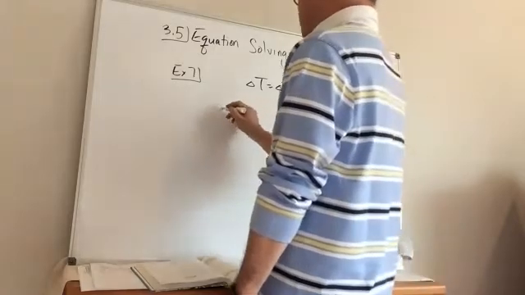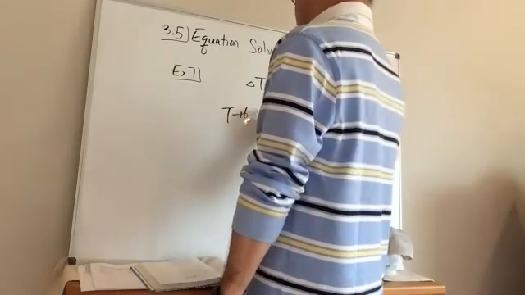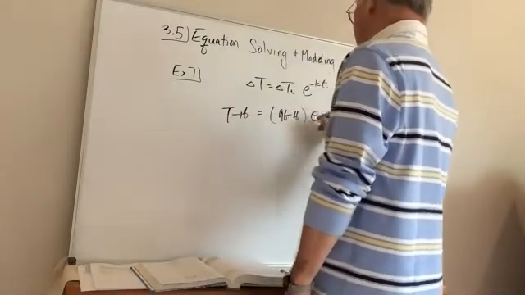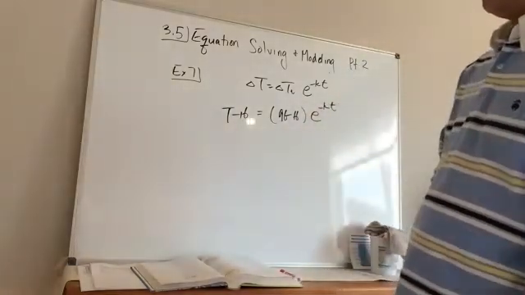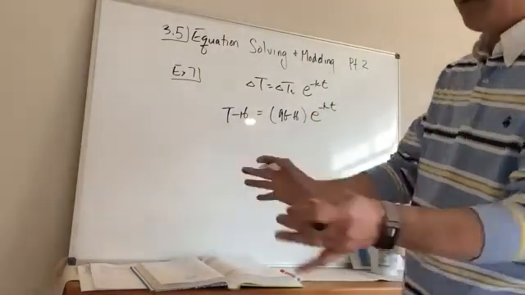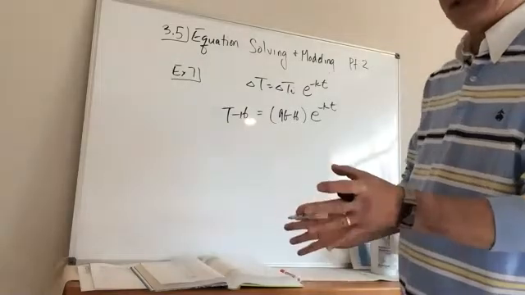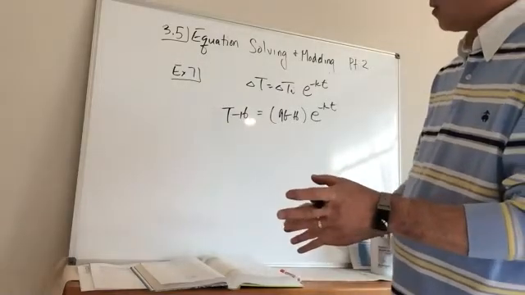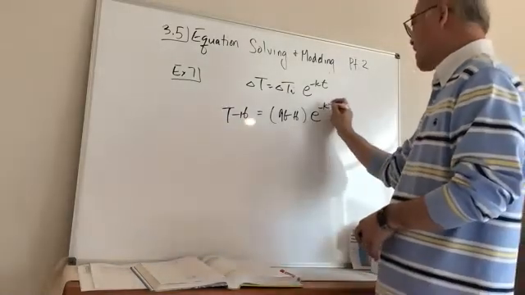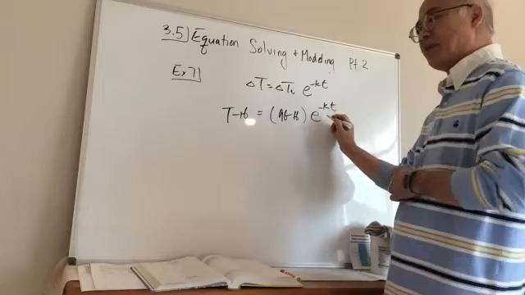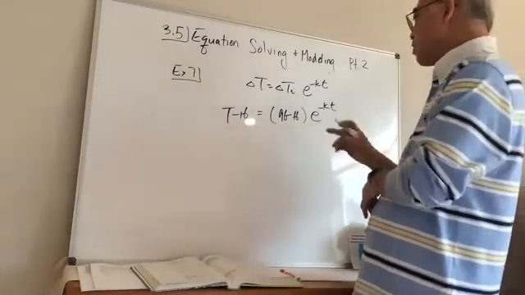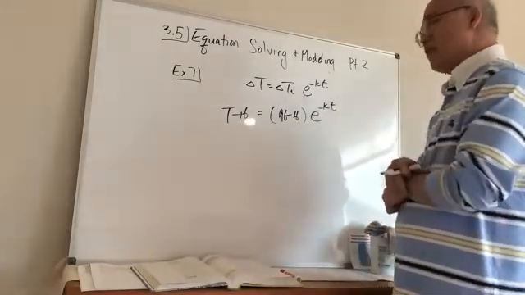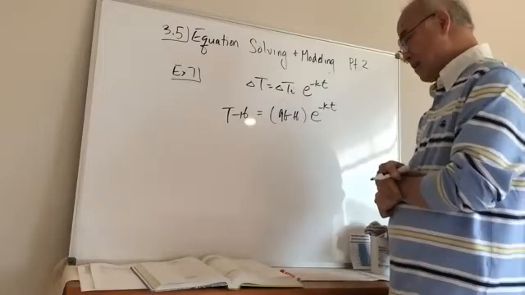And at any given time, the temperature difference is going to look like that. So we know everything here that we need to know except for what? We don't know K, and this is the one we want to find. So we're going to have to somehow find K.